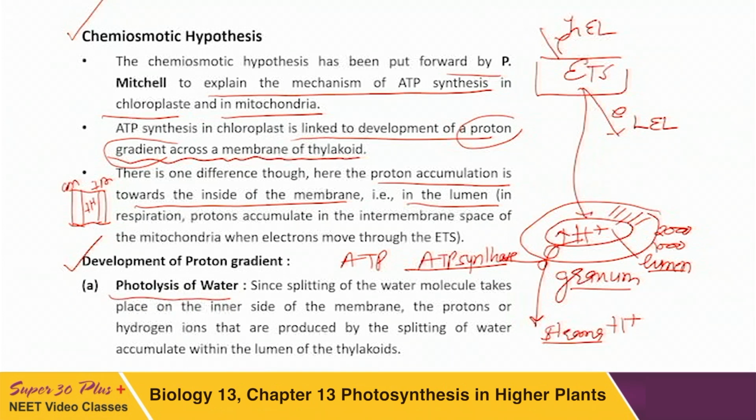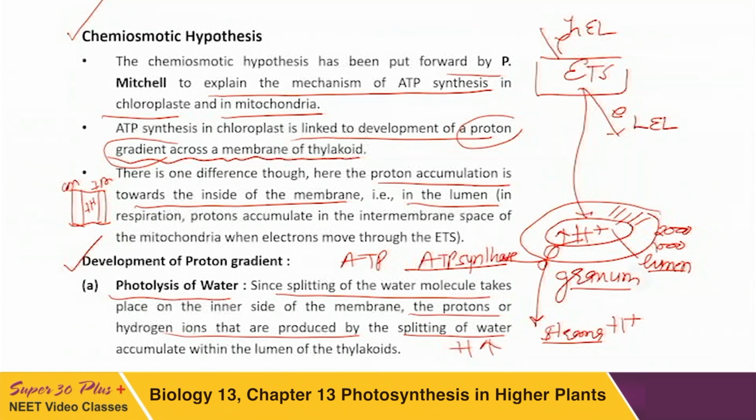You know, splitting of water is very much essential in photosystem second, and photosystem second is located on the inner side of the thylakoid, that is, on the appressed part. The protons or hydrogen ions produced by photolysis of water will get stored there in the lumen of the thylakoid and will increase the hydrogen ion concentration.